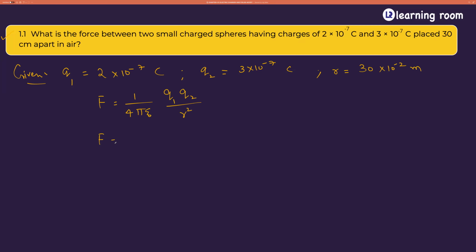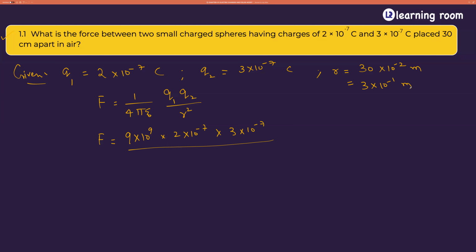So F will be equal to 1 by 4 pi epsilon naught, which is 9 into 10 power 9, into Q1 Q2, which is 2 into 10 power minus 7 into 3 into 10 power minus 7, the whole divided by R square. R is 30 into 10 power minus 2, or I can write it as 3 into 10 power minus 1.